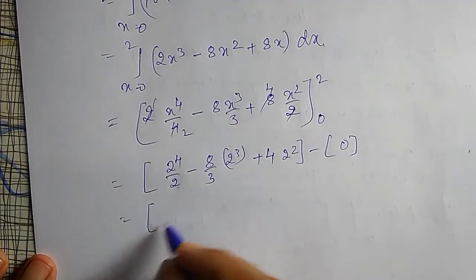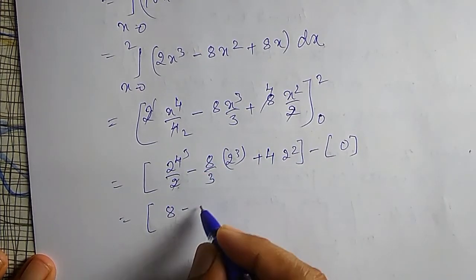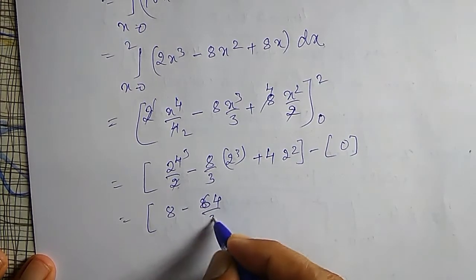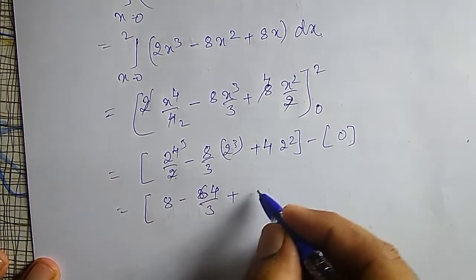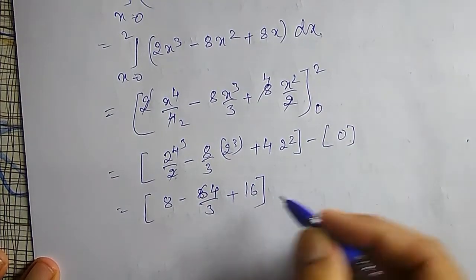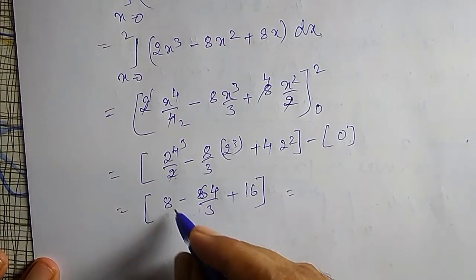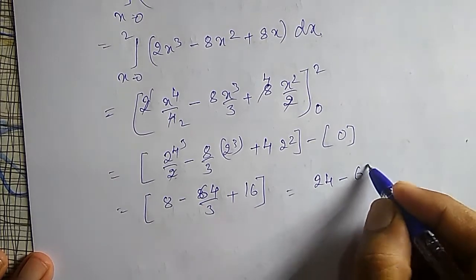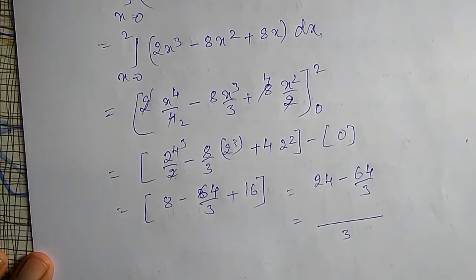Which is equal to 8 minus 64 divided by 3, plus, here 2 square is 4, 4 into 4 is 16. Therefore, 16 plus 8 is 24, minus 64 divided by 3. Evaluating this, LCM is 3.